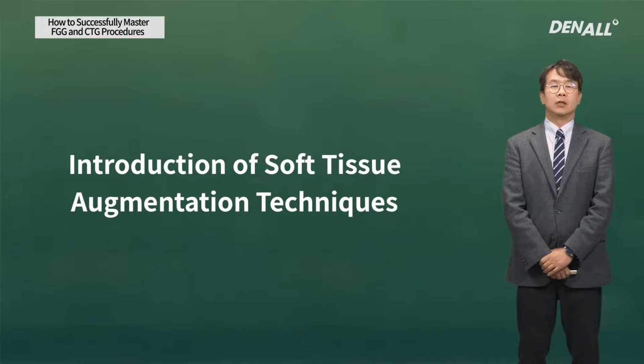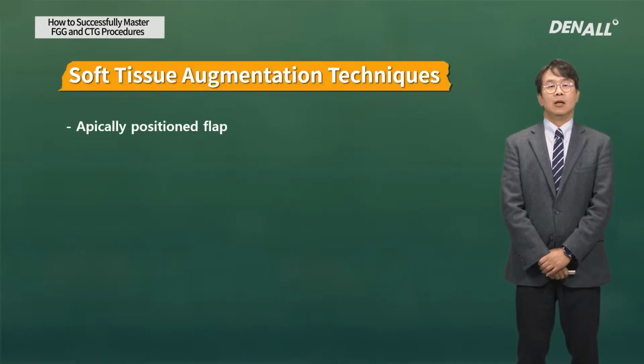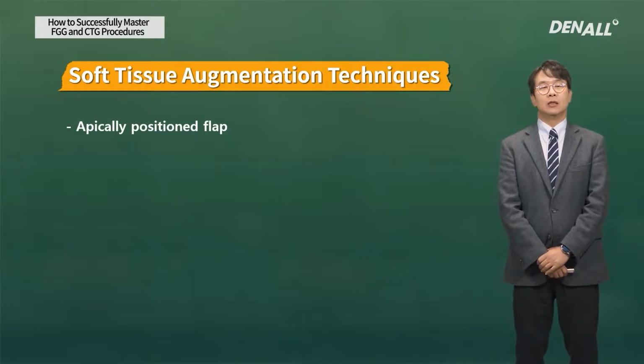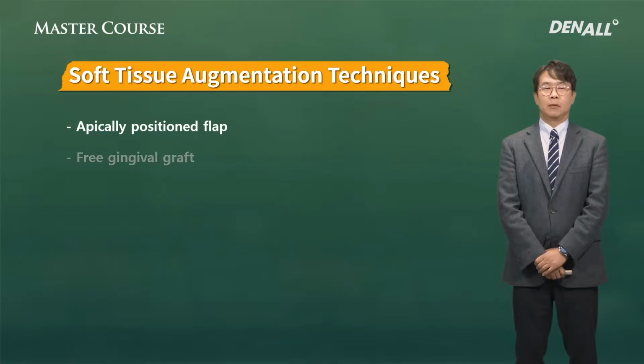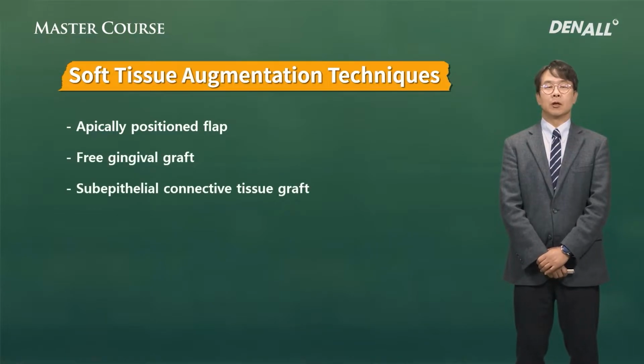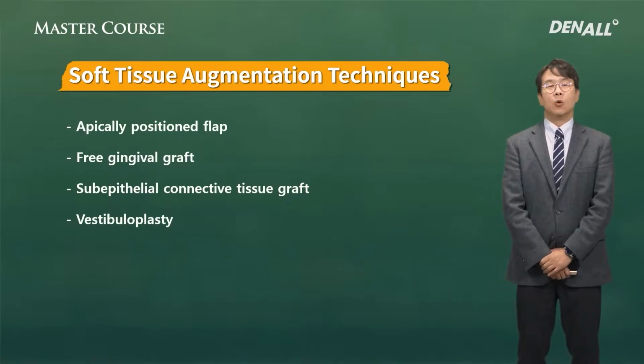First, soft tissue augmentation techniques. Generally, the soft tissue augmentation techniques used often include apically positioned flap, free gingival graft, subepithelial connective tissue graft, and vestibuloplasty.